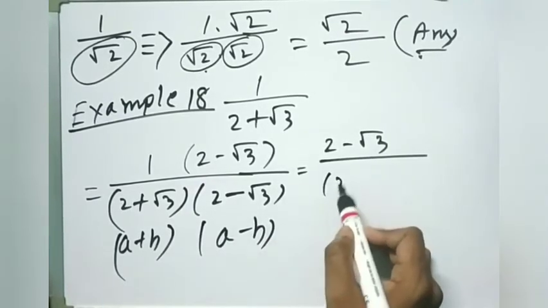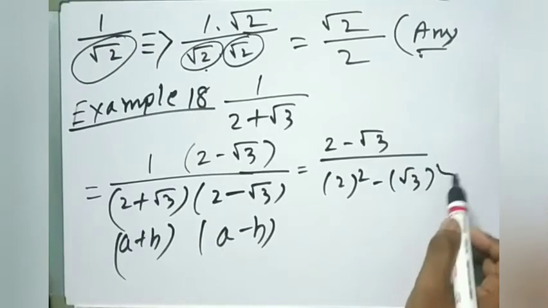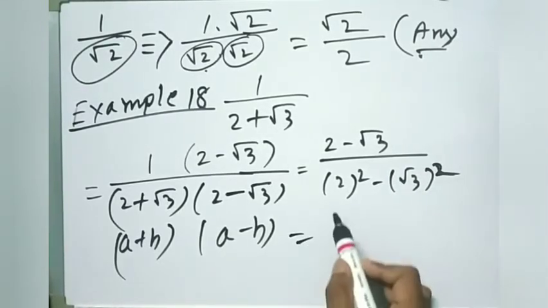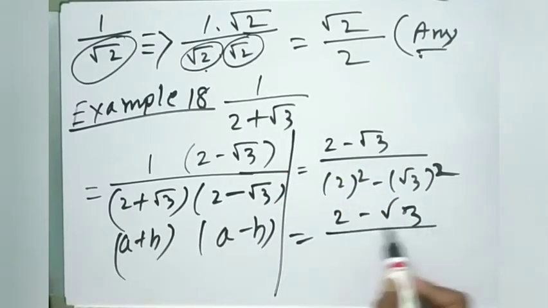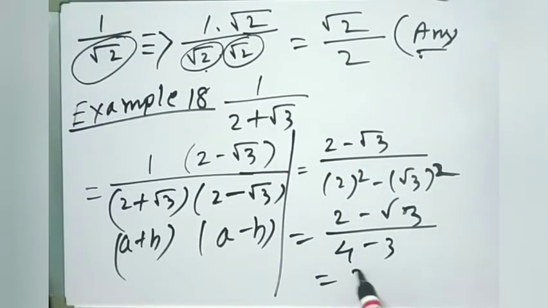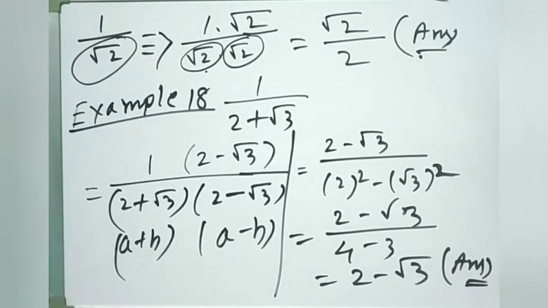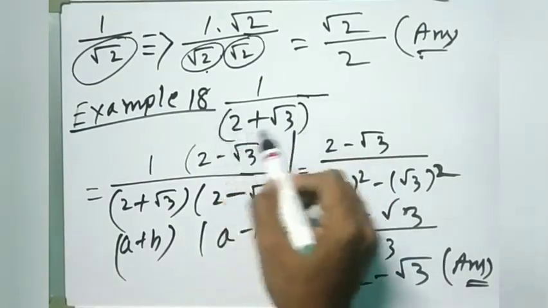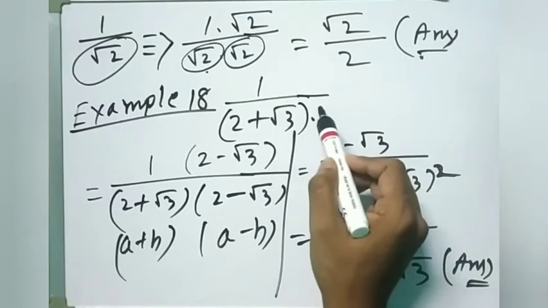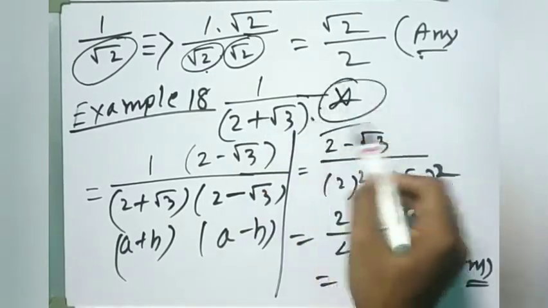So 2 square minus root 3 square, so 2 minus root 3 by 4 minus 3. So 2 minus root 3 is the answer. Please remember, the only thing is that we have to multiply with the same number but with opposite sign.